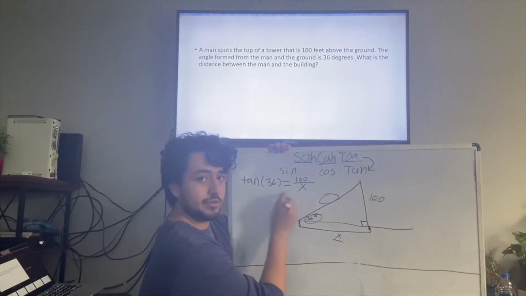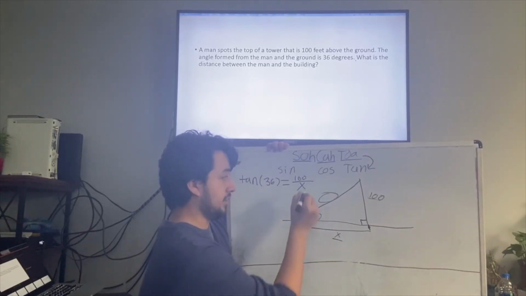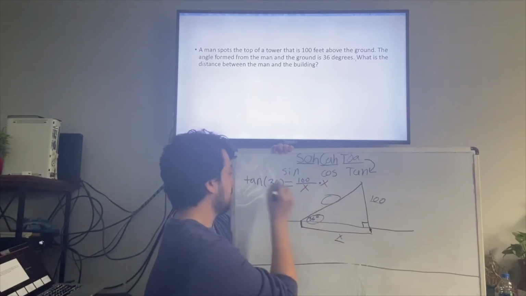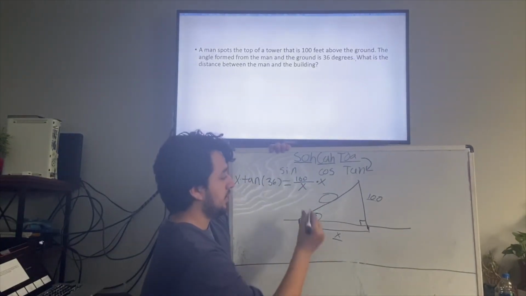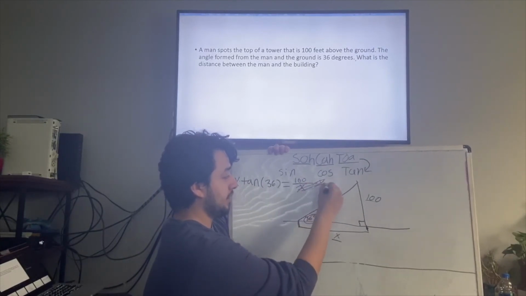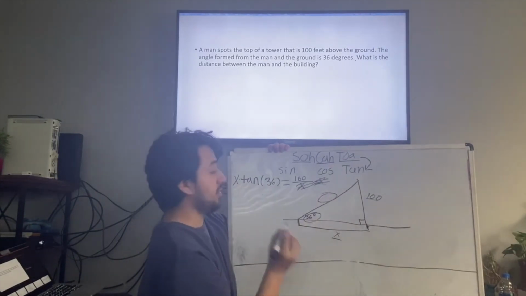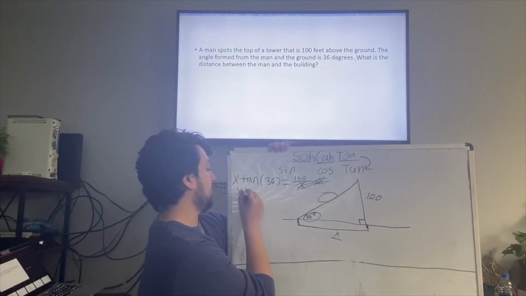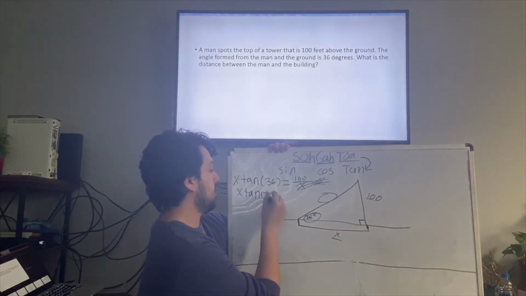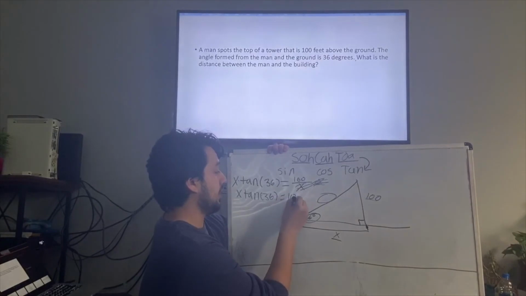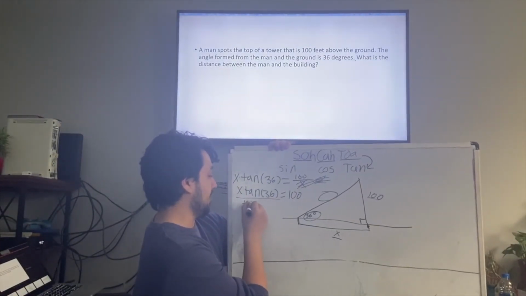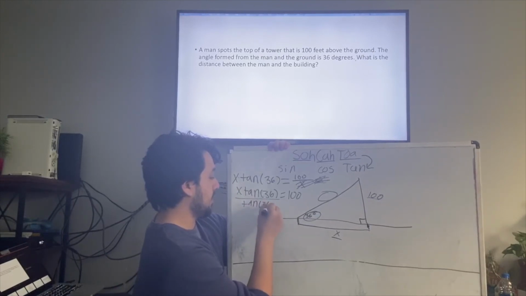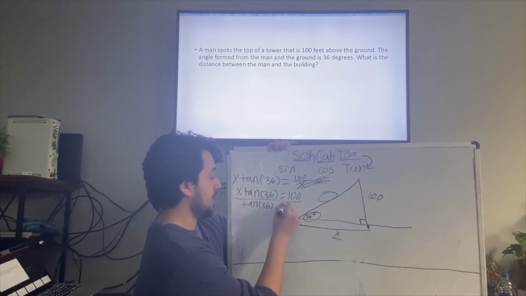Now, how would you solve this? Well, we're going to multiply x on both sides. This cancels out our x here, which leaves us with x times tangent of 36 is equal to 100. Just as before, we're going to divide out this tangent. Divide by tangent of 36.